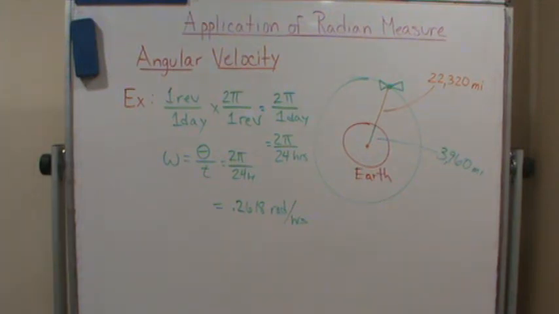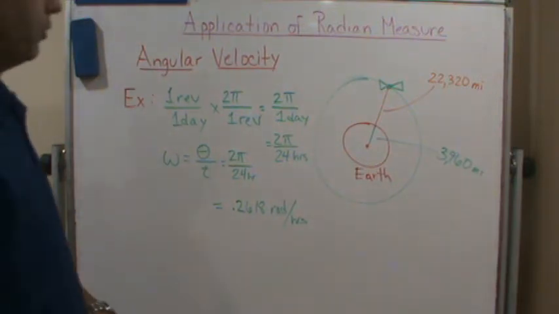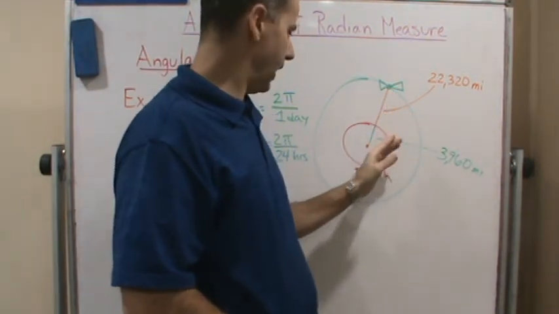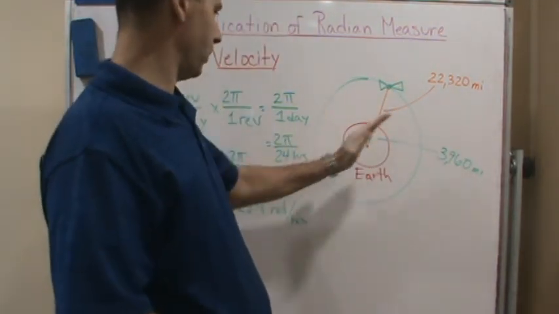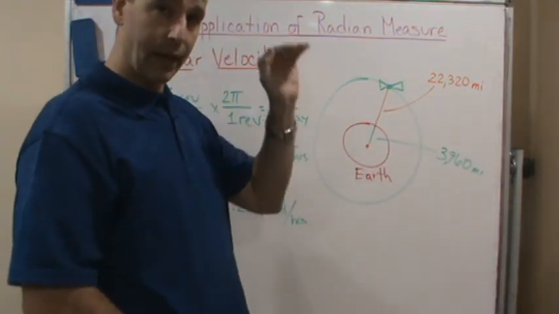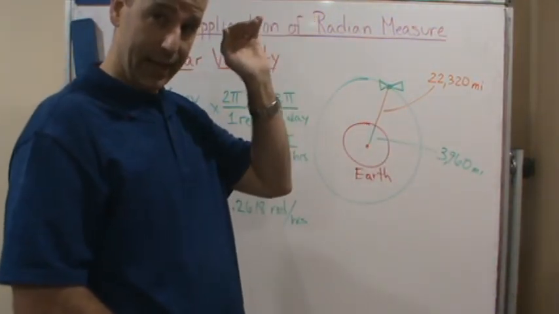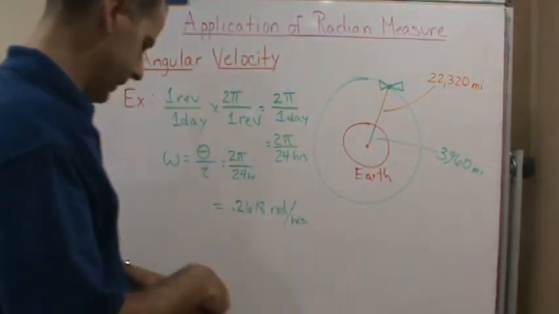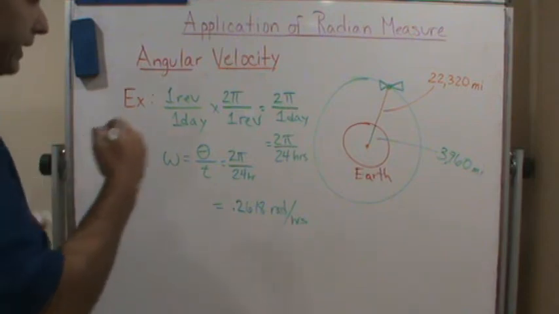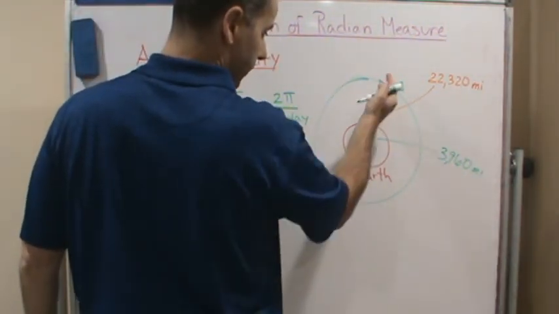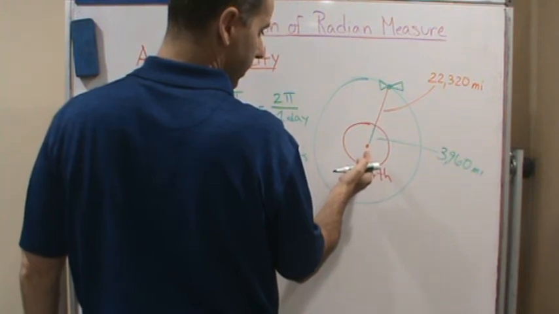Okay, now that we've got the angular velocity, let's find the speed of this thing, the linear velocity. So now we know how fast it's moving angularly. Let's find out how fast this thing is moving at that altitude as far as linear velocity. So now we're going to use the radius. Now, what is the radius of the circle?